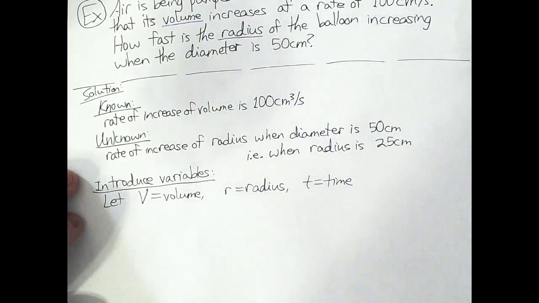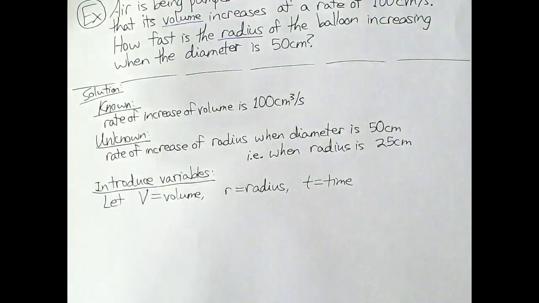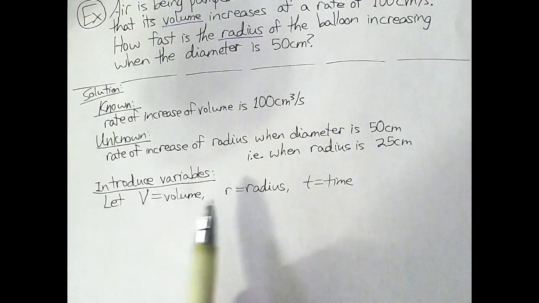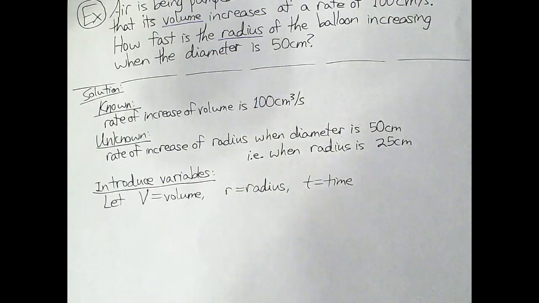Now, if you wanted to choose other letters, technically you could, but I would suggest that you use letters like this. It's going to help organize the information. It's going to make it easy for you to understand and for me to understand that you're using V for volume, R for radius, T for time. If we had something like area, I would use A. Try to use letters that make sense.